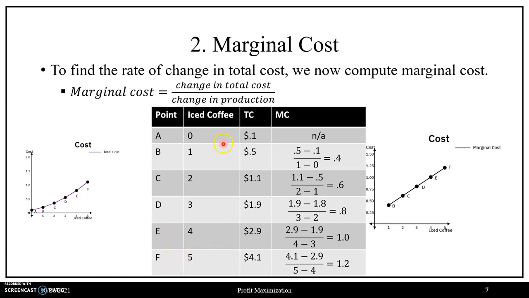Going from A to B to produce that first iced coffee, total costs are changing by 40 cents. So at point B, this generates our first point on our marginal cost curve of 1 iced coffee with a marginal cost value of 40 cents.